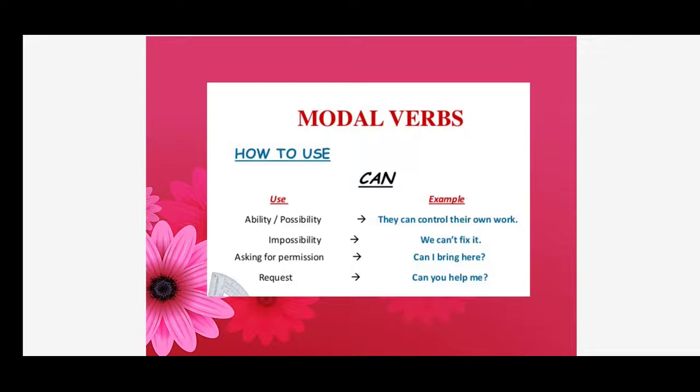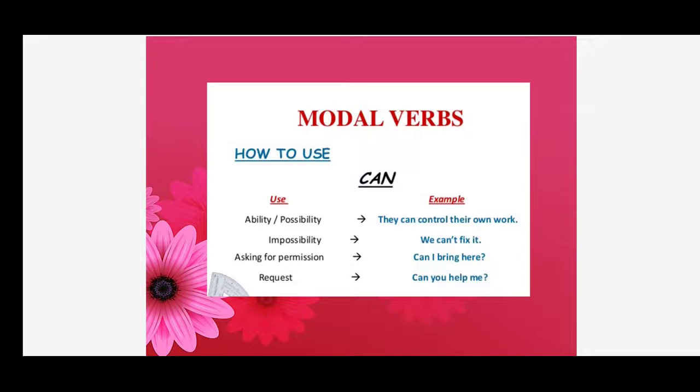Whenever we have to talk about expressions or conditions like ability, possibility, impossibility as well, asking for permission or request. So how can we use it for ability or possibility? See the sentence, "They can control their own work." That means they have capacity, they have ability, that they can control their work.